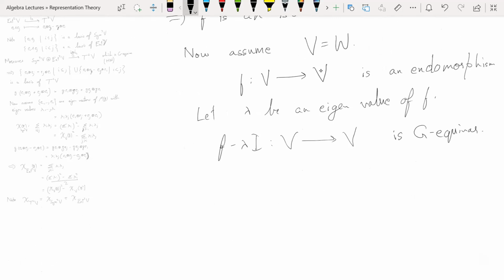And this is not an isomorphism, because it has a kernel: the eigenvector corresponding to lambda lies in the kernel.